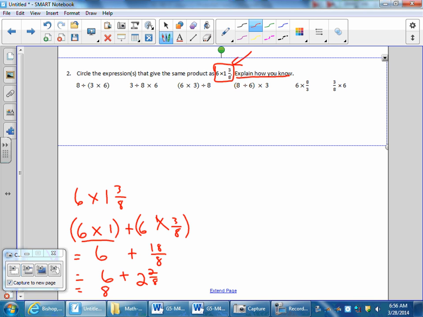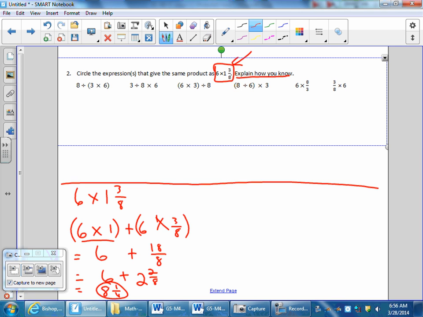So we have 8 and a quarter for that product. Now each of these expressions, when I figured each of these out, none of them will give you that expression. So that makes me think that New York State did not give us the correct question here.